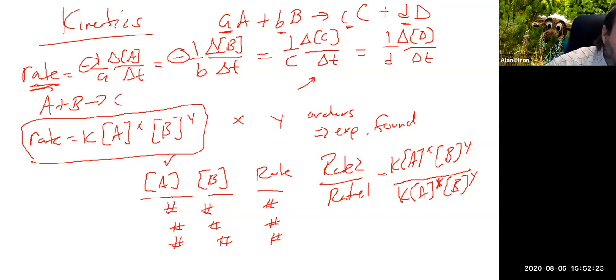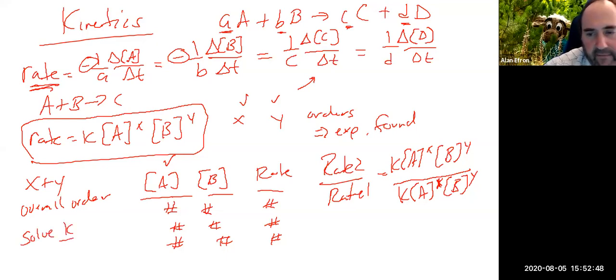Once we do it for one of the reactants, we then switch it up and keep the other reactant constant while we vary the one we're looking for. That will allow you to get the orders, and you could add them together to get the overall order of a reaction. Once you have the completed rate law, you then can rearrange the rate law and solve for K and actually find the value of the rate constant.